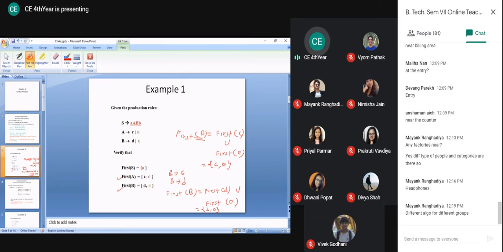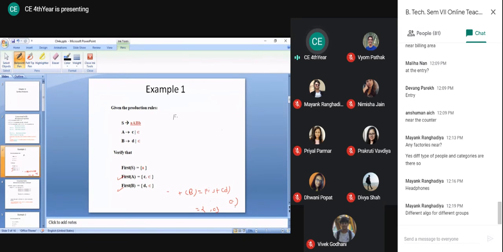Now when we consider first of S, we can write first of S as first of small a, capital B, and small b.